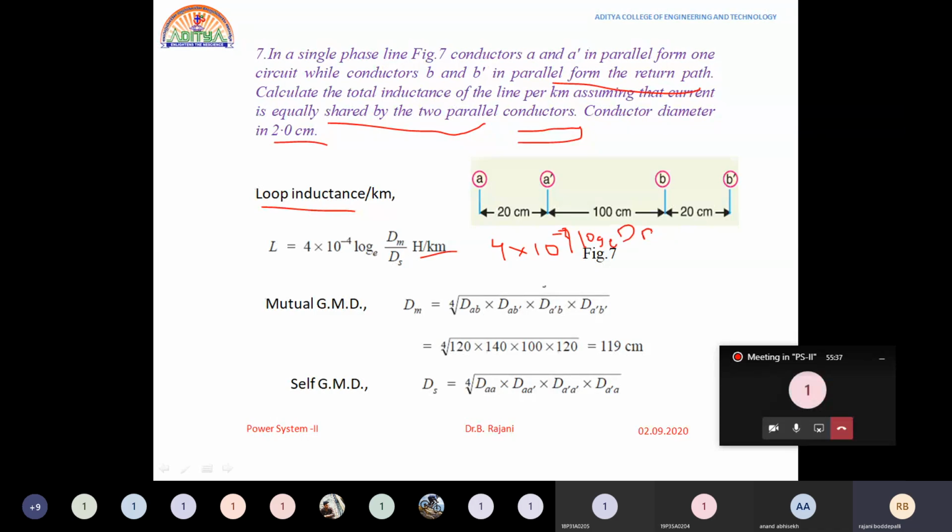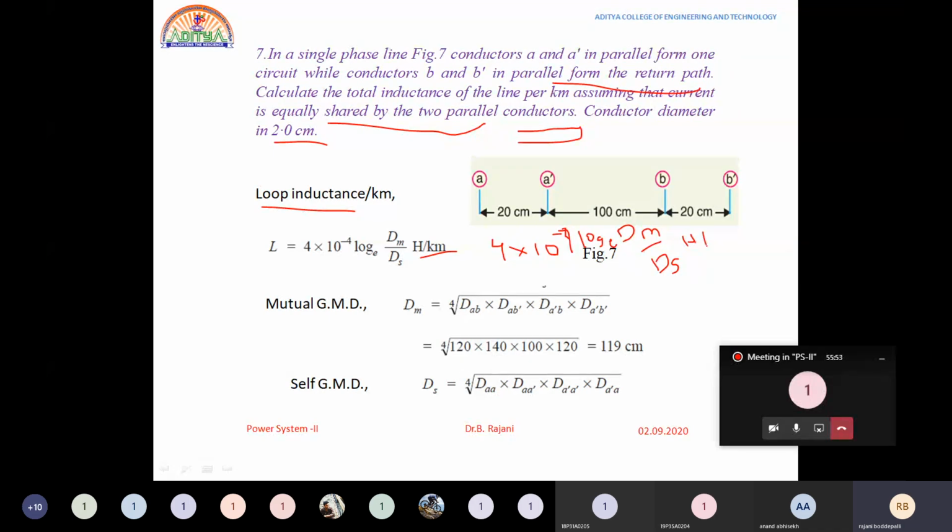This is in meters. Now he had given you in kilometers. So here it is Henry per meter. All of you listen to me carefully. It is Henry per meter.